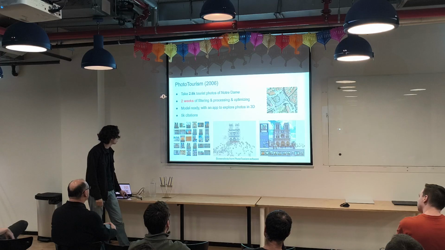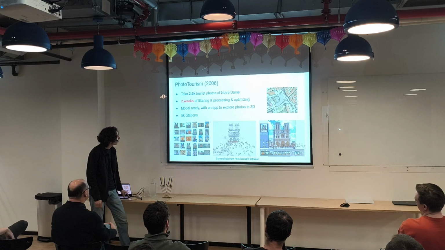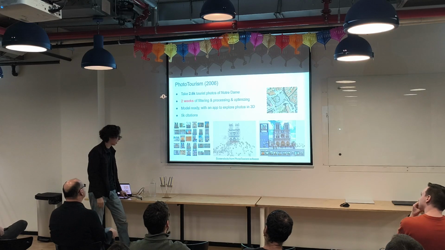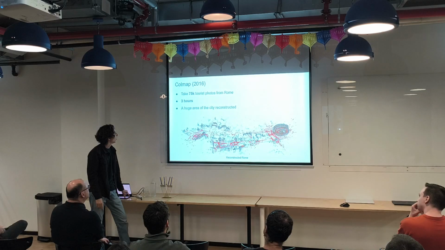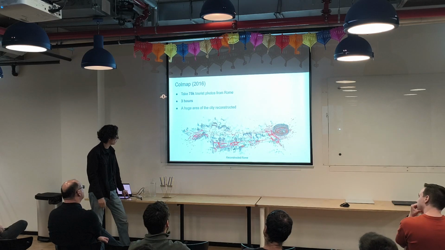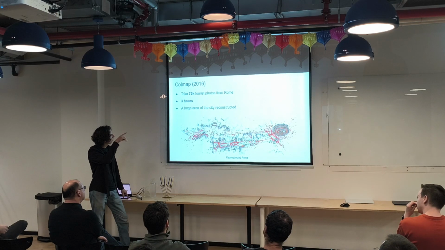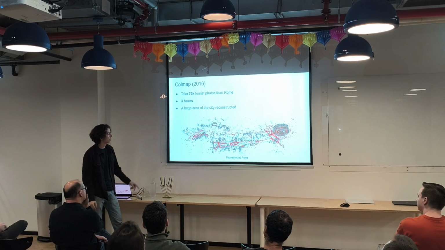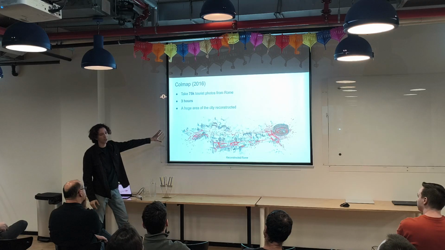And now we're already at a point where we need to optimize this. So this is 2.6K photos and gives us a great model, but it takes 2 weeks to reconstruct. We can't work with this. And a lot of researchers worked on this for a long time. This is again a time skip into 2016. This is a huge, very cool example.